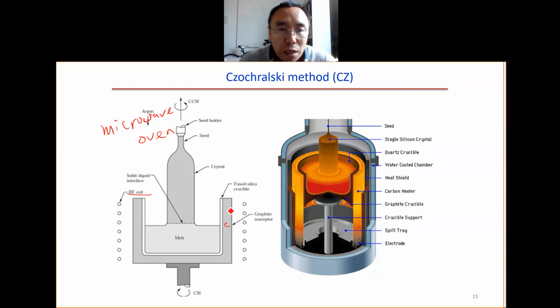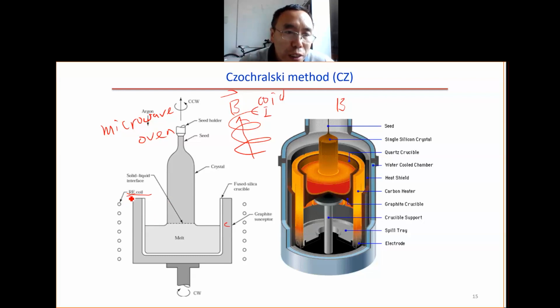So when we have the coil and pass the current, we generate a magnetic field. With a radio frequency, high frequency coil, the frequency is omega. So we have this term.